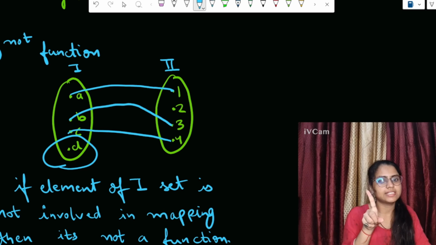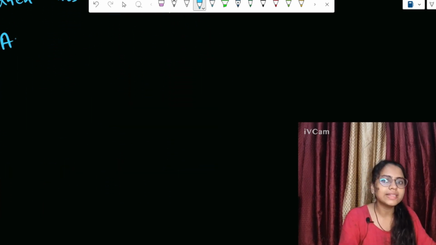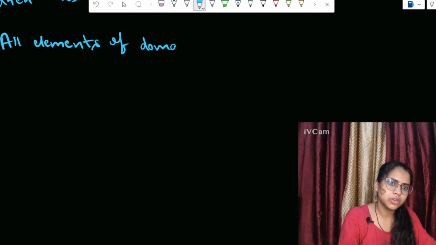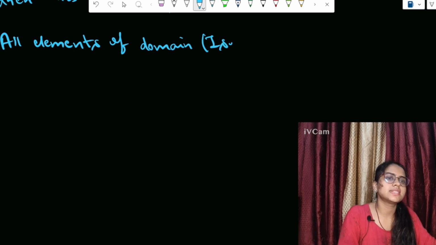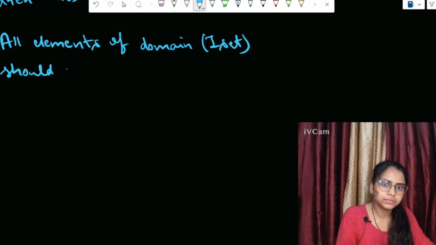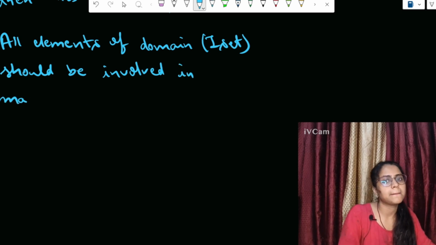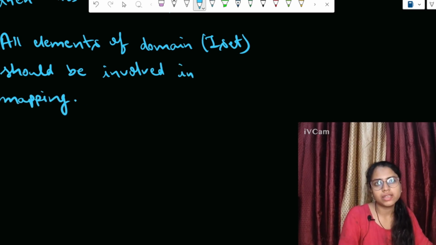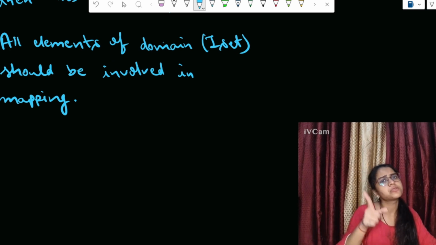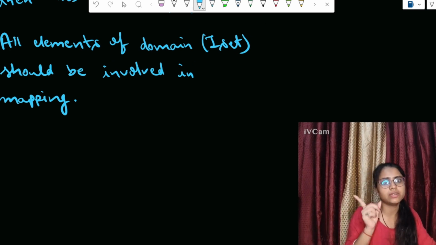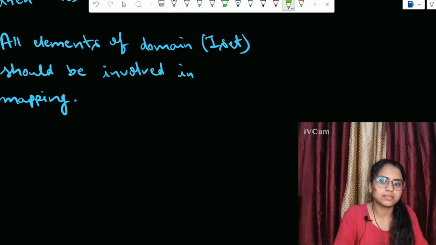What does mapping mean? It's just the match the following you are doing; the technical word for it is mapping. So you got one result: all the elements in the first set have a special name, that's the domain. All the elements of your domain, or the first set, should be involved in mapping. Even if you're restricting the domain, which means you're squeezing it, all the elements of the restricted set should be involved. Now, the second criterion.